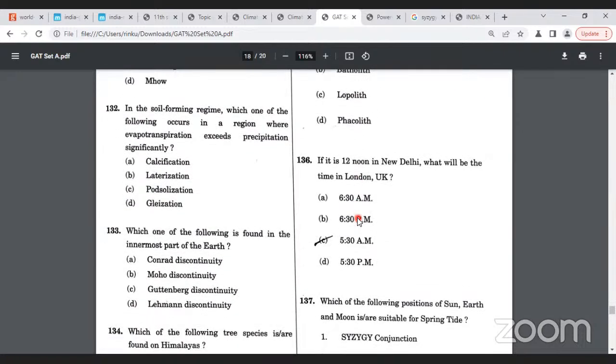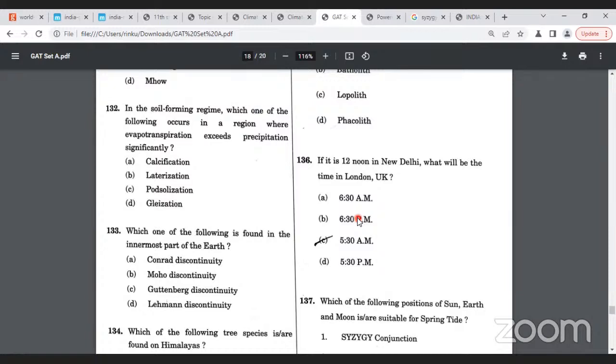Question number 132, in the soil forming regime, which one of the following occurs in a region where evapotranspiration exceeds precipitation significantly? If evapotranspiration exceeds precipitation, it will usually lead to dry soils.